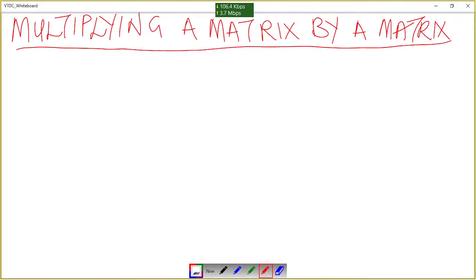So when you are multiplying a matrix by a matrix, how do you go about it? There is a rule that I want to share with you that we usually follow when multiplying a matrix by a matrix.